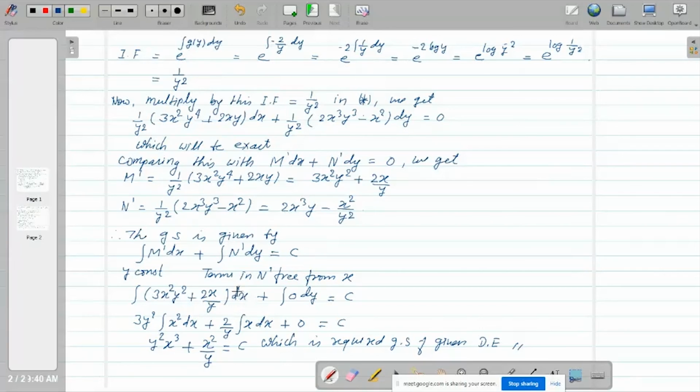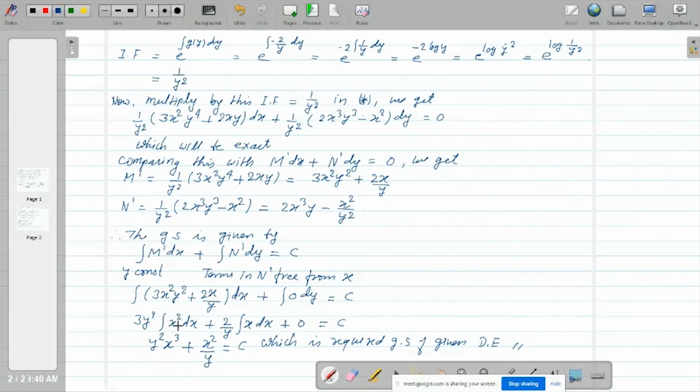See here, I am integrating with respect to x, so y will be constant. So 3y square I am taking outside. This is the constant. So this becomes the integration of x square only with respect to x. Now the second term, 2 by y, is a constant because we are integrating with respect to x. Now only the remaining term is x. Now integrate this.